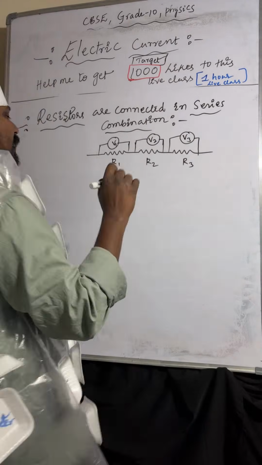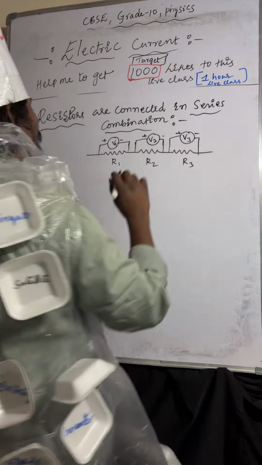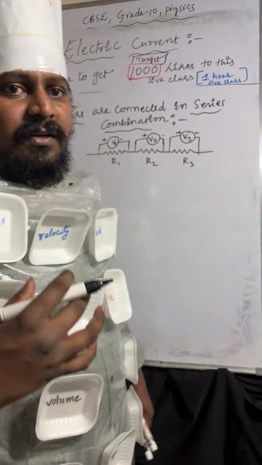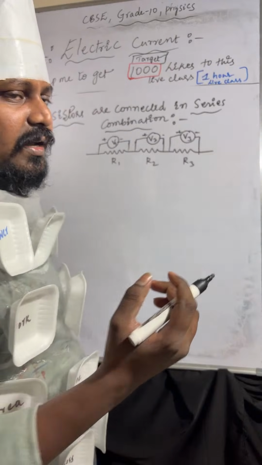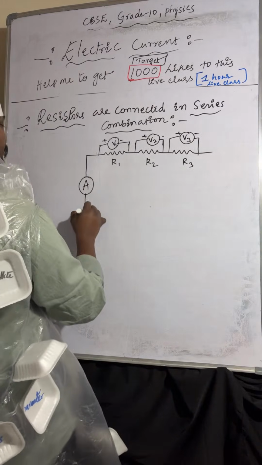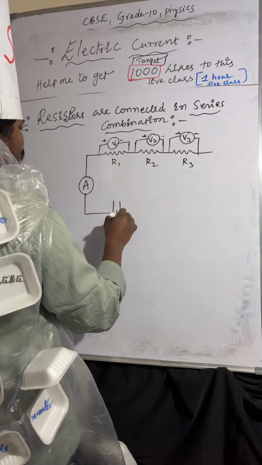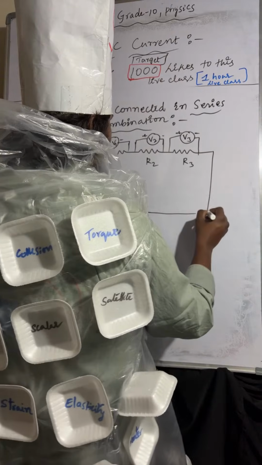So R1, R2, R3 are connected like this, and that is connected to the battery. I am taking the ammeter and the battery here. So current is passing like this.